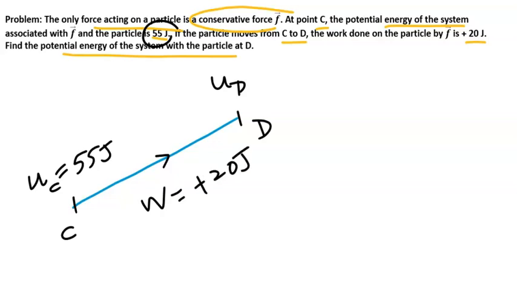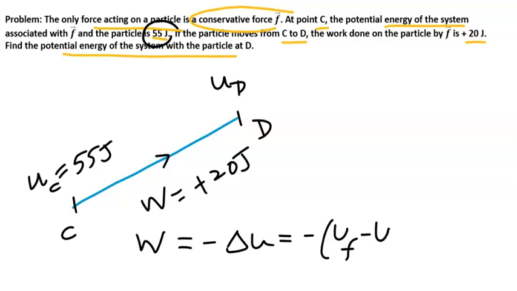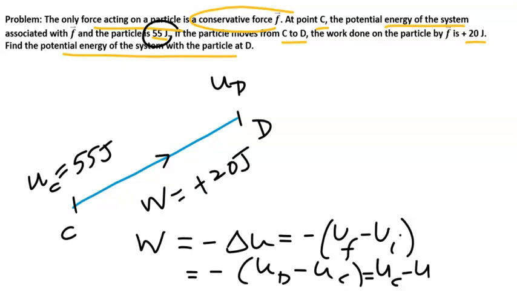Now this is a conservative system, so we know work done is minus the change in potential energy. Minus the change in potential energy means minus the final potential energy minus the initial potential energy. So in this case, the final potential energy is the potential energy at point D, and the initial potential energy is the potential energy at point C. So you see you get UC minus UD is the work.